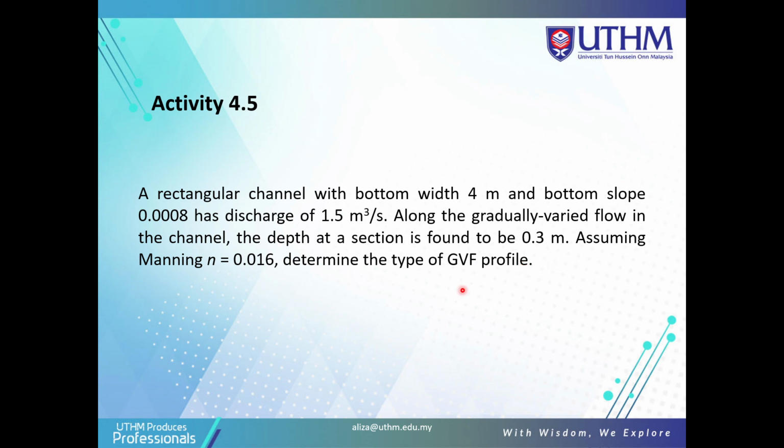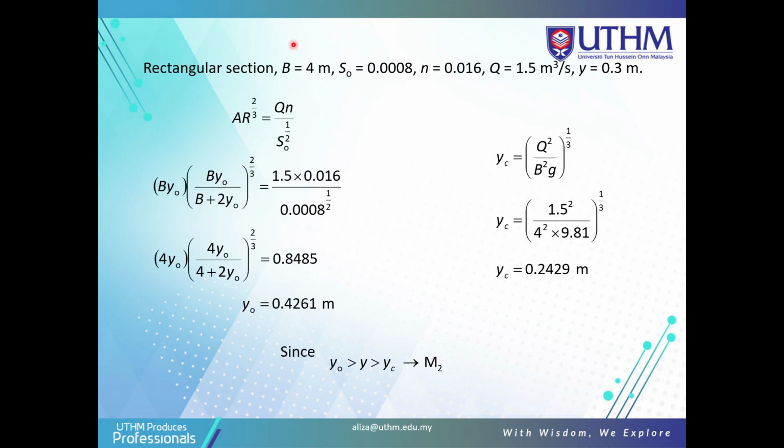First, this is a rectangular section, so B is 4 meters, S naught is 0.0008, n is 0.016, Q is 1.5 cubic meters per second, and Y is 0.3.